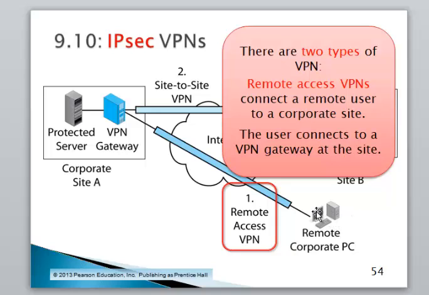There's just a software client that encrypts all the traffic going out over the wide area network. That has to talk to some kind of box at the corporate location. This VPN gateway, if it's Cisco, is going to be called a VPN concentrator. It might be called a gateway. It might be called a security appliance. It might just be called a plain old firewall. Or even some specific type of router that has VPN built into it.